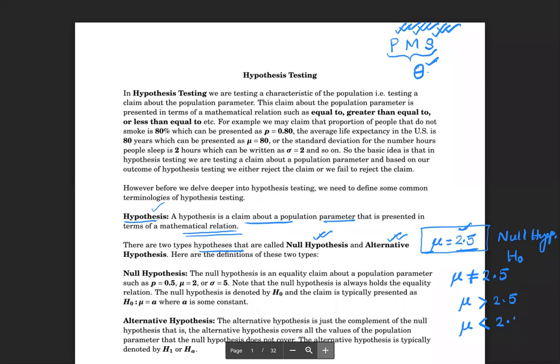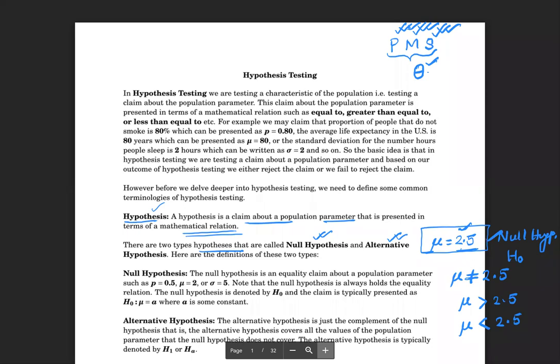That means the average number of years that the students take in order to graduate from college is less than 2.5 years, greater than 2.5 years, or not equal to 2.5. That means it could be either greater than 2.5 or less than 2.5. So these are the three different scenarios that you will be testing for.